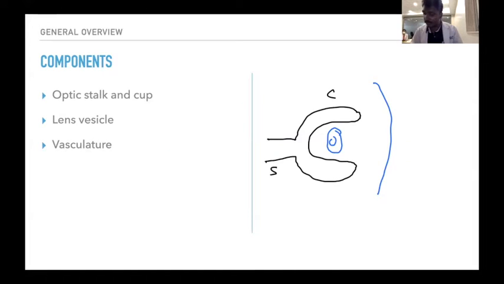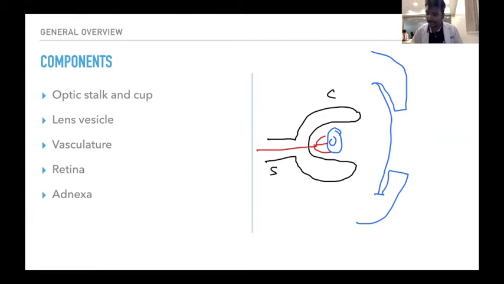I will explain how the vasculature also plays an important role in the development, in the steps of embryology, and what happens if something goes wrong. And of course, we have the development of retina, which occurs by the involvement of these two layers, and the adnexa. Adnexa basically not only involves the eyelids, but also the muscles which supply the surrounding structure. So these are the basic components of embryology.